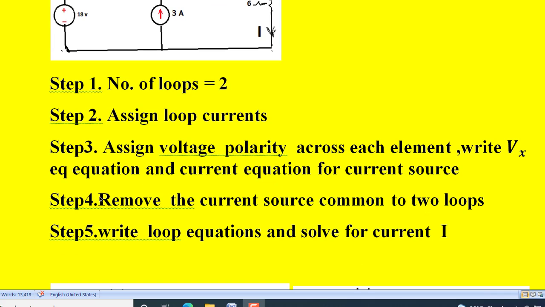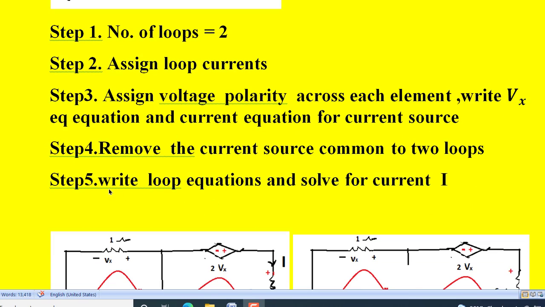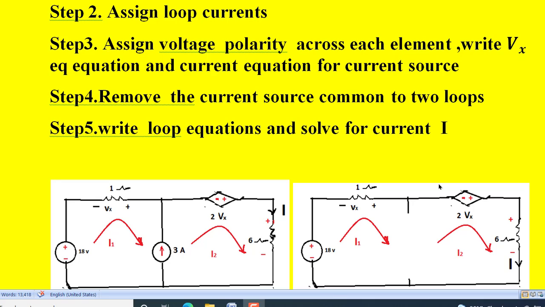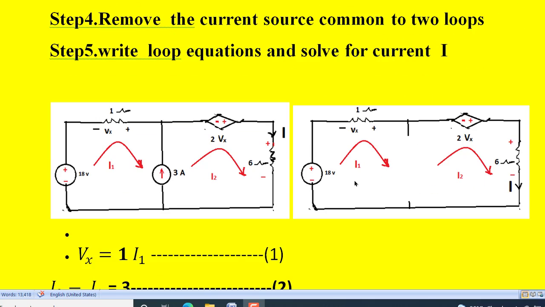Next, step 4 is remove the current source which is common to the two loops. Step 5 is write the loop equations and solve for the unknown current I.